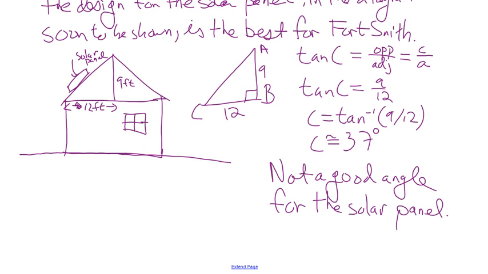Start noticing that, and then you could figure out the angle of the roof and knock on their door and say you'd get a better result if you angled it at 50 degrees instead of the current angle. And they'll say, who are you? Why are you here? I'm just trying to make the angle a little more efficient here.